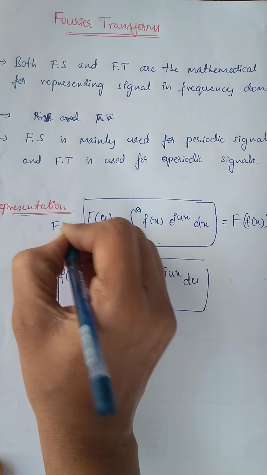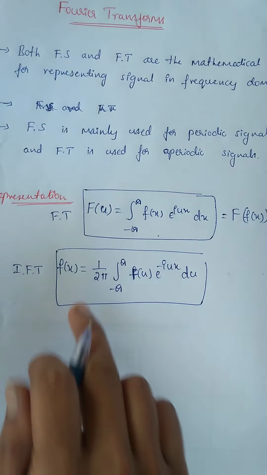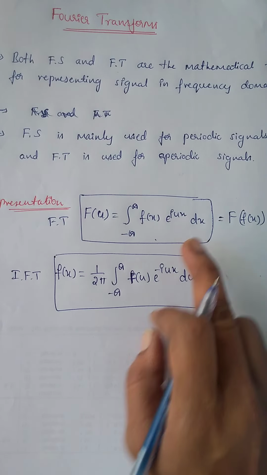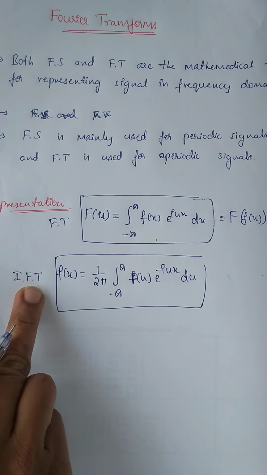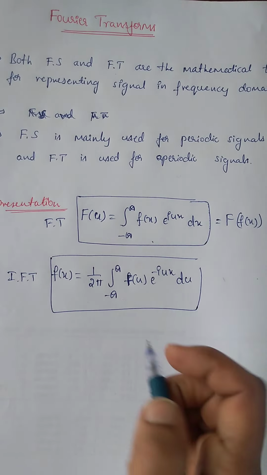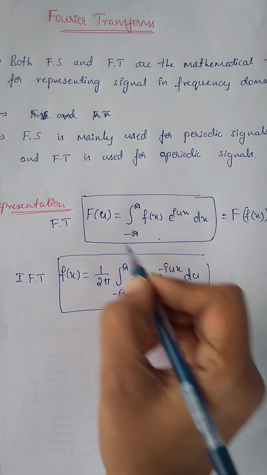This is the Fourier transform: represented by capital F of u, with respect to x we have to integrate. The inverse Fourier transform is represented by small f of x equal to 1 by 2 pi integration from minus infinity of this capital F of u, the Fourier transform.